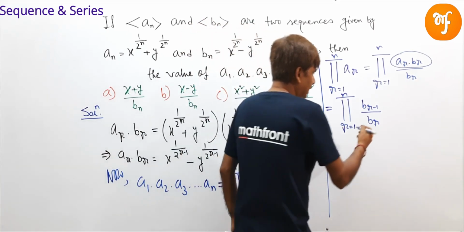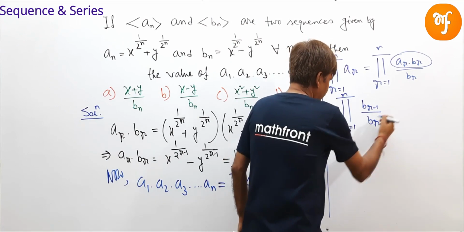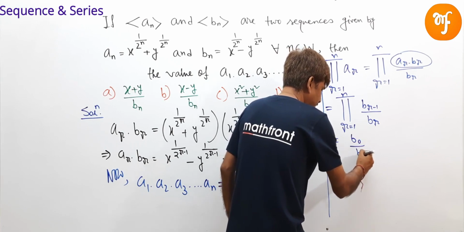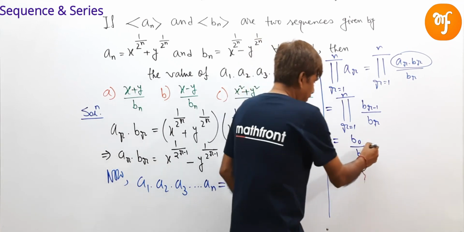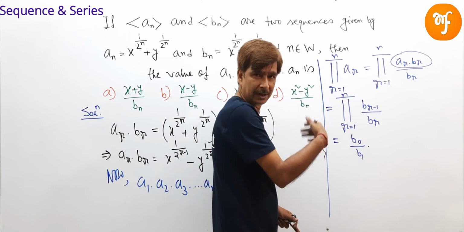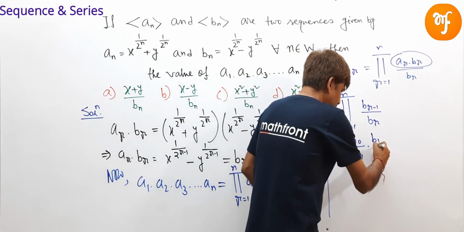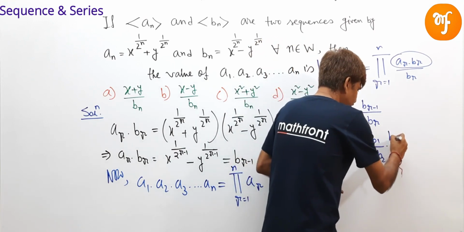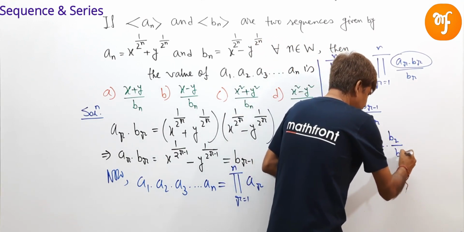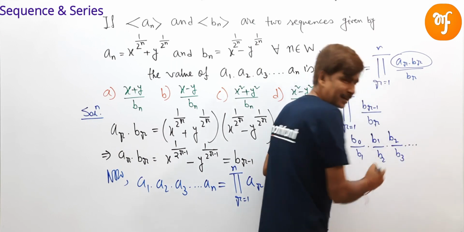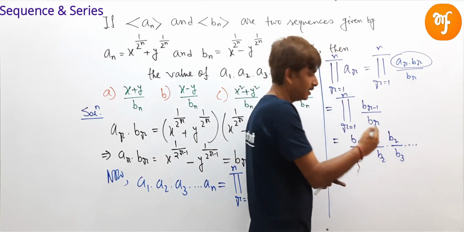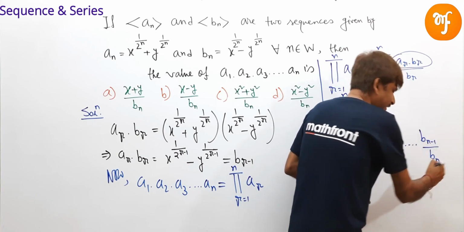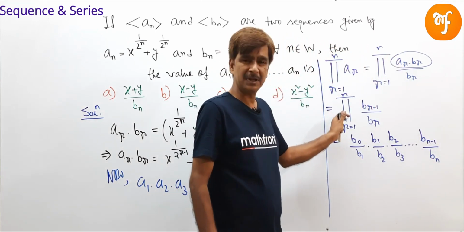Okay. Now put r equal to 1, 2, 3 consecutively. So if we put r equal to 1, 2, 3, what becomes? This is b0 by b1 into, put r equal to 2 we will get b1 divided by b2, then put r equal to 3 we will get b2 by b3, like this. Dot dot till we put r equal to n, this will be b n minus 1 divided by b n. Understand? Pi means product.